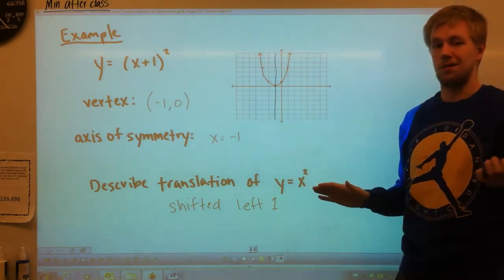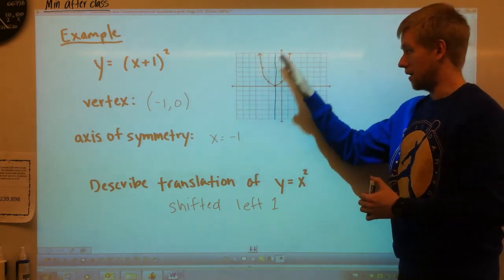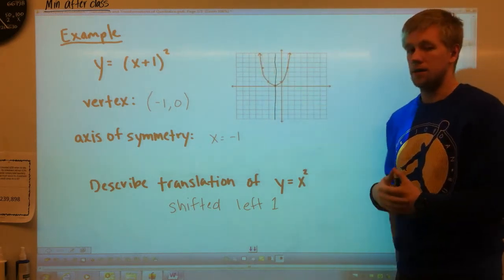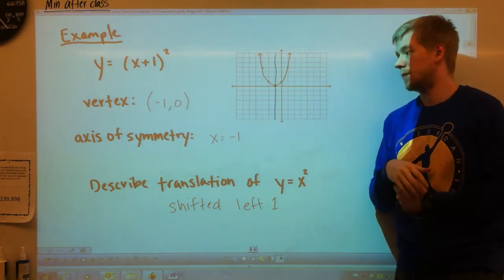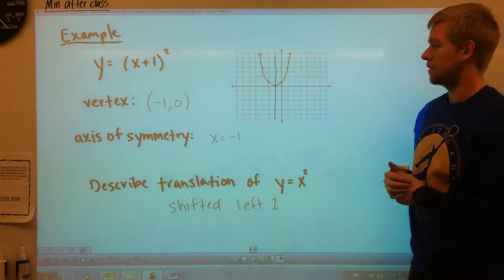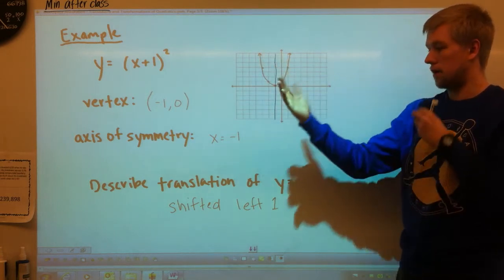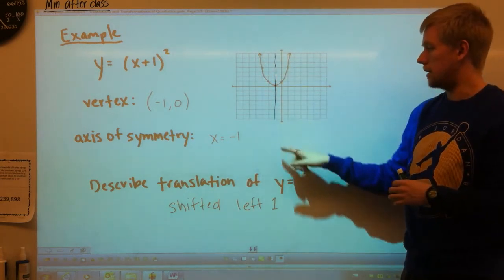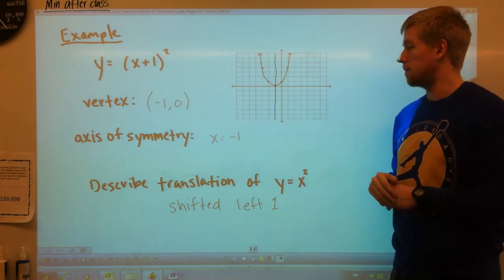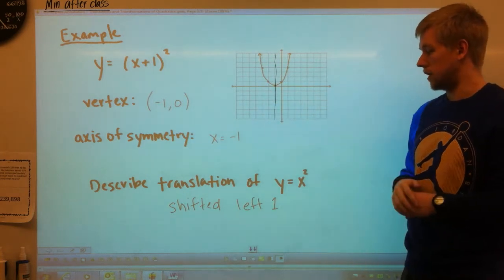The word symmetry means to have the same on both sides. There is half of the U on both sides. If you don't know what the word symmetry is by now, please go look it up, because that is an elementary concept that you need to know. Symmetry talks about same things on both sides. I draw a line down the middle at negative 1, and it is the same thing on both sides.